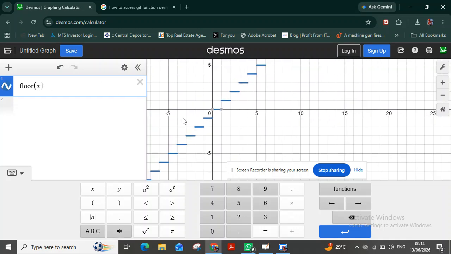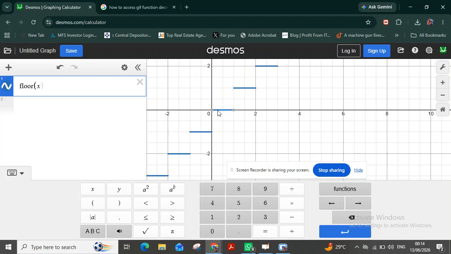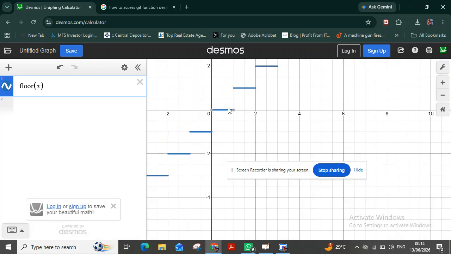You can see the GIF graph is very much constant. If you give x a value, it always has some integers.